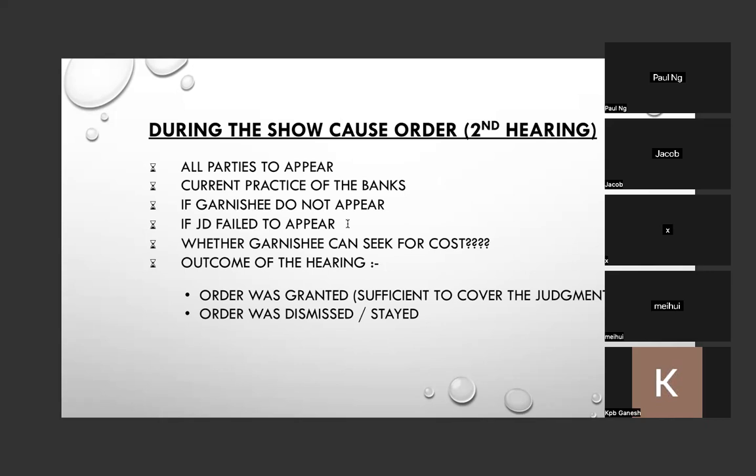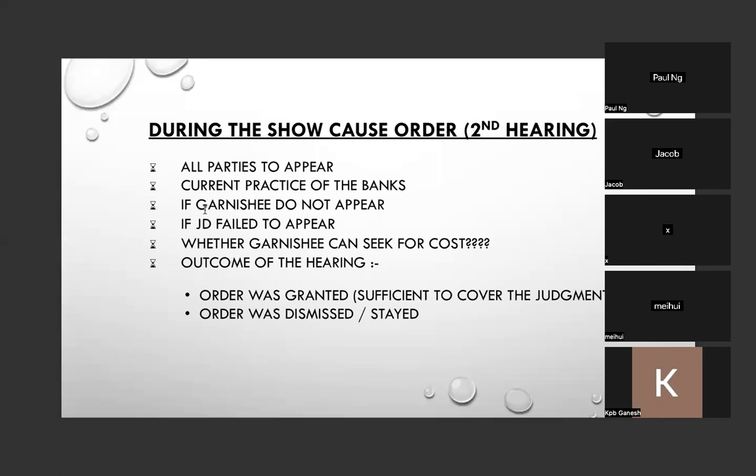So on the second hearing date, they will not be appearing in court, and kindly mention on their behalf. So from this letter itself, we need to do the e-filing to the court, and on the date itself, we will need to inform the court that we are mentioning on behalf of the bank, the garnishee.